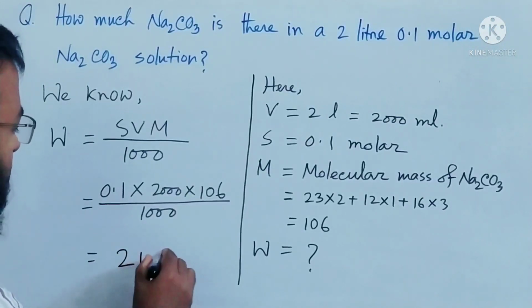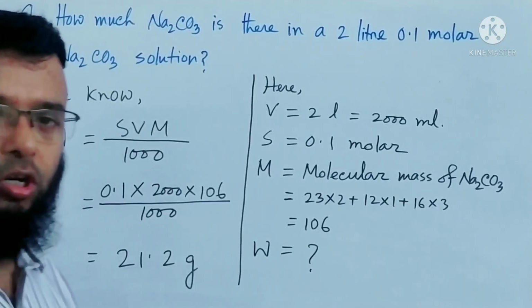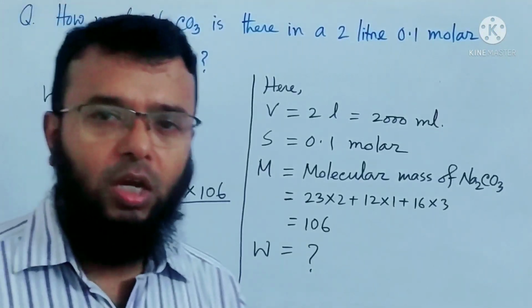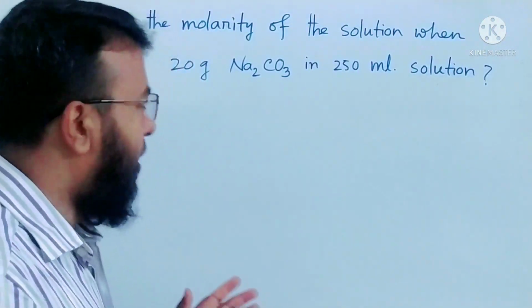So it will be 21.2 gram. So we have got the amount of solute that is needed to make 2 liter 0.1 molar sodium carbonate solution. Okay, everybody write it.